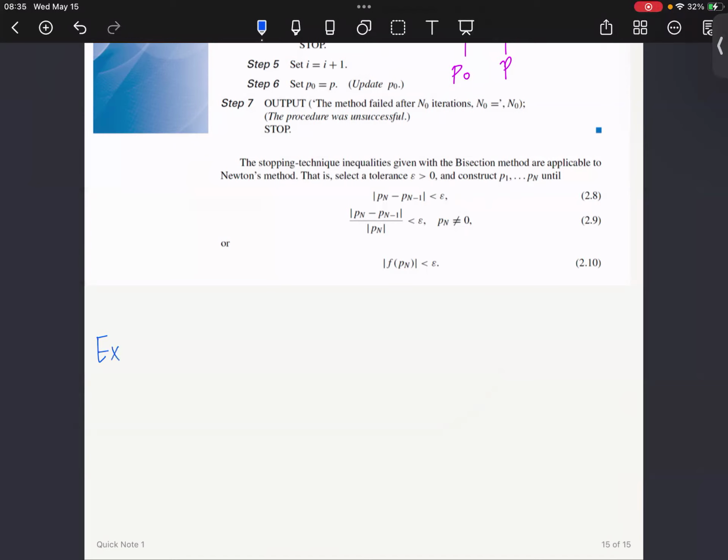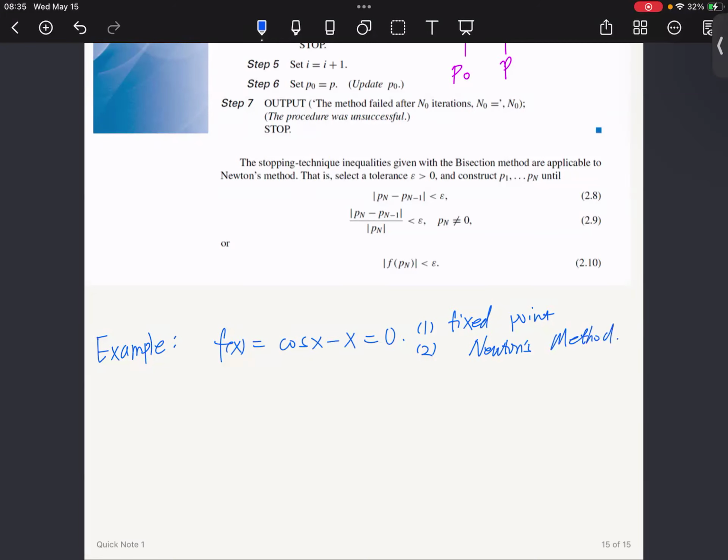Examples: let's find the root of f(x) equals cosine x minus x equals 0. And we are going to approximate this with two methods. The first method is the fixed point methods, and the second one is the Newton's methods.